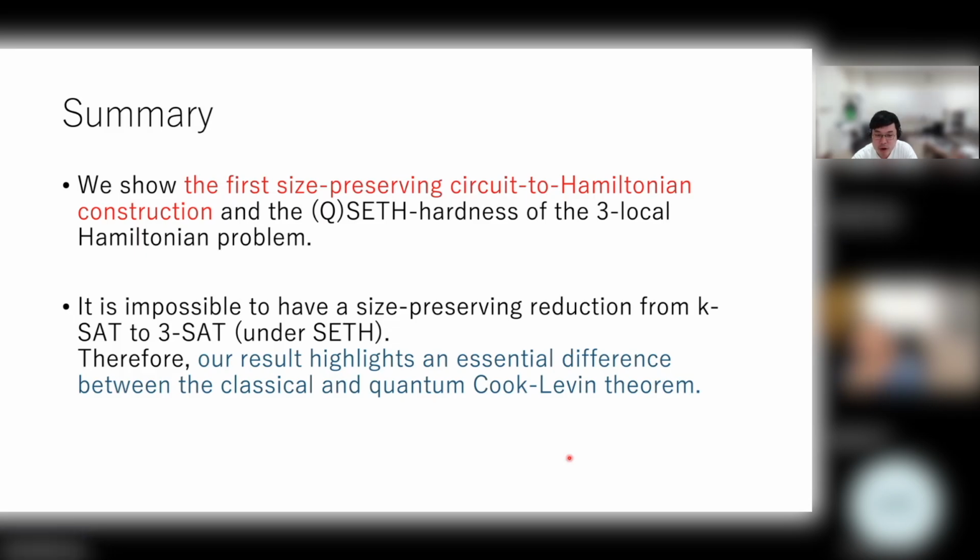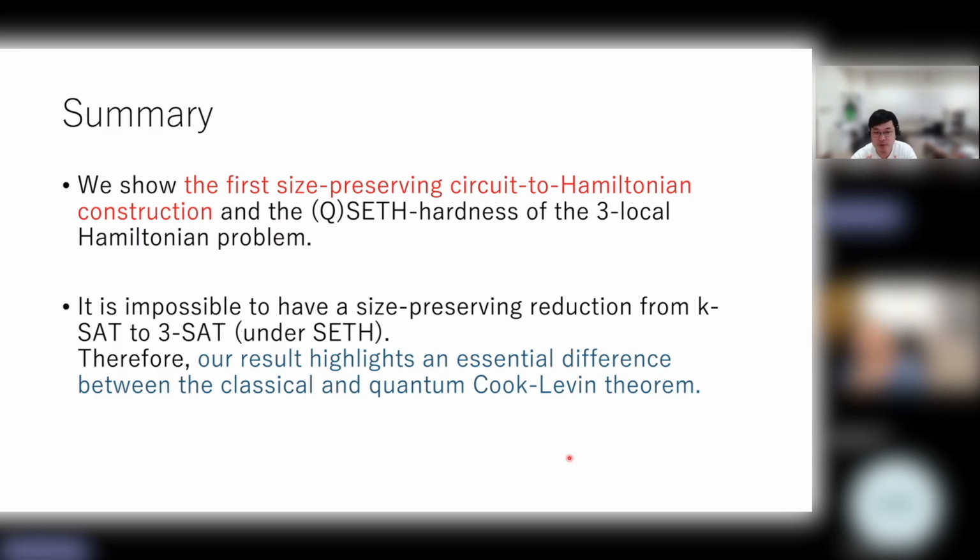One could try to have a size-preserving reduction from KSAT, where K is very large, to 3SAT, and this reduction is classical. Since we have a faster exponential time algorithm for 3SAT, and under SETH there's no faster exponential time algorithm for KSAT, it is morally impossible for a classical reduction to be size-preserving.